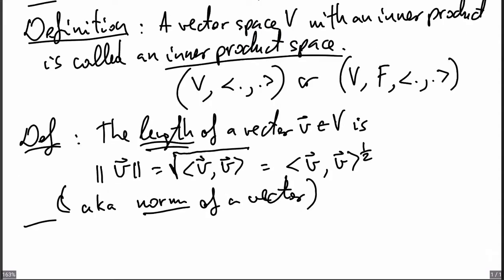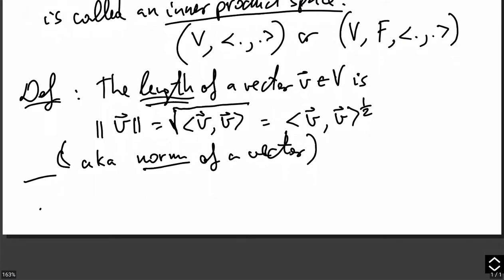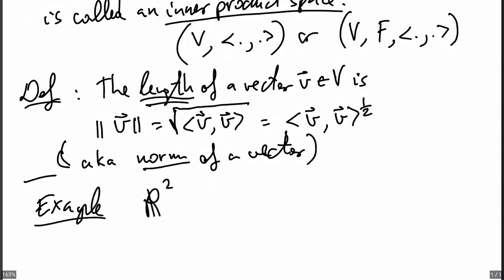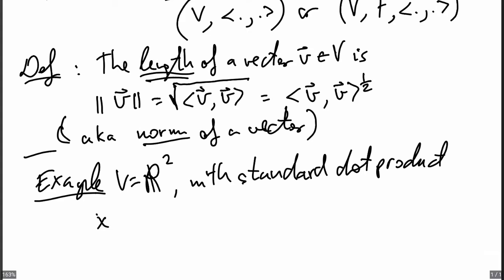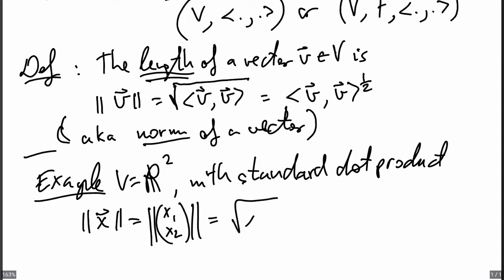Mostly we use finite dimensional vector spaces. So for example in R2, with the standard inner product or standard dot product, if you have a vector with components x1 and x2, then when you take the dot product with itself, you get x1 square plus x2 square, and you have to take the square root of that.